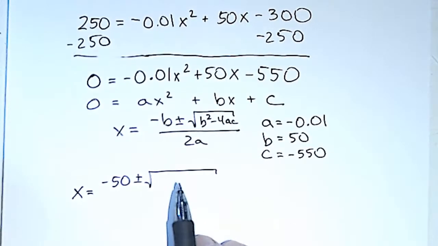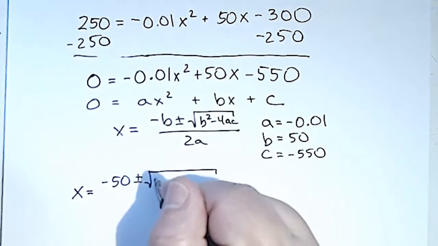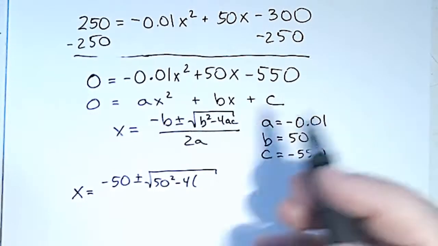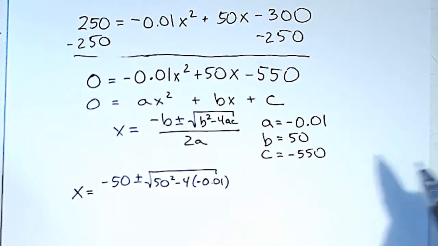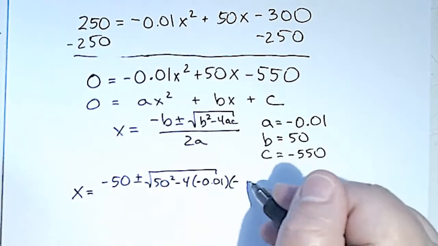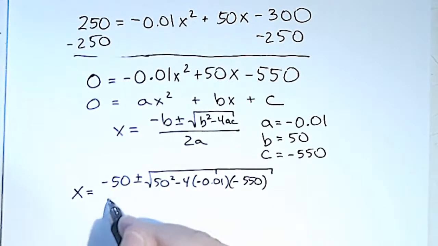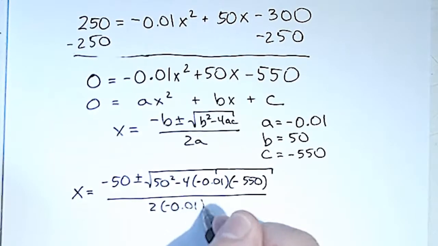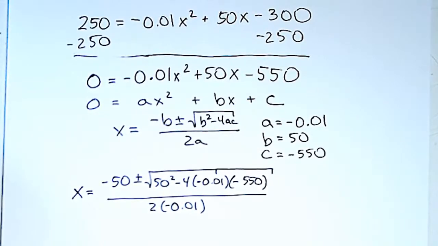I'm sure that's probably a really profound statement that I'm going to ignore so we can continue with the math. b squared, 50 squared, minus 4 times a, which is negative 0.01, times c, which is negative 550, all over 2 times negative 0.01.